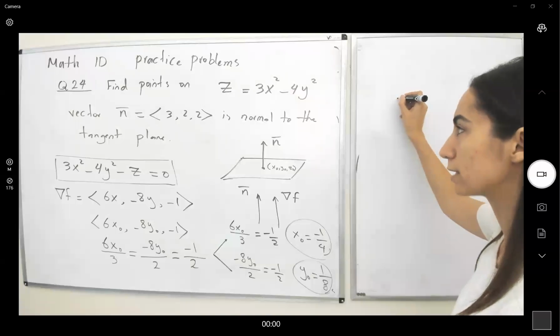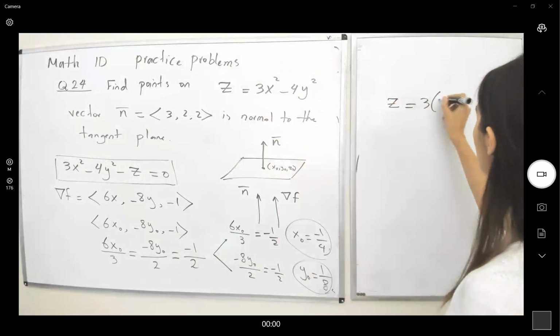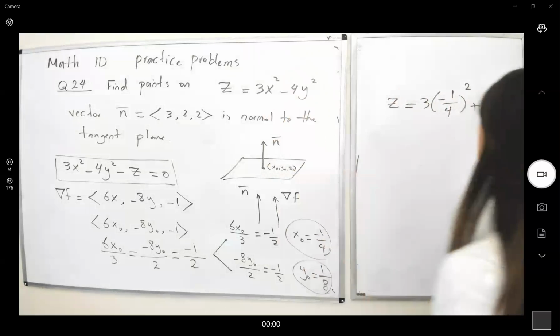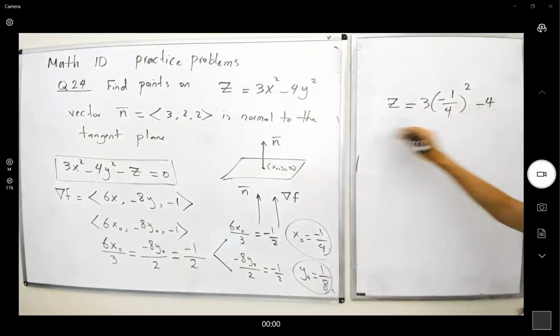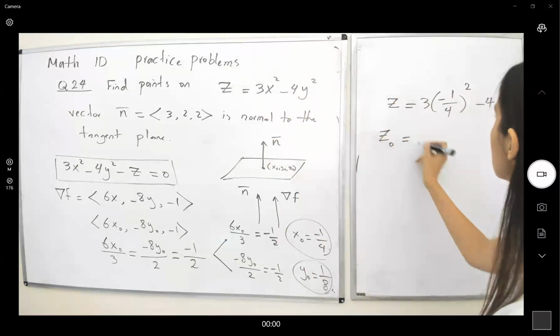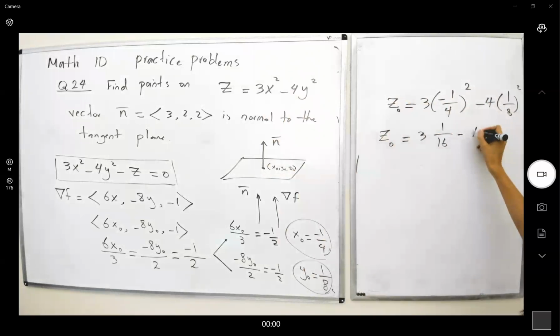So we know that z is equal to 3x squared minus 4y squared, so 3 times negative 1 over 4 squared, minus 4 times 1 over 8 squared. So my z sub 0 is equal to 3 times 1 over 16, minus 4 times 1 over 8 times 8.